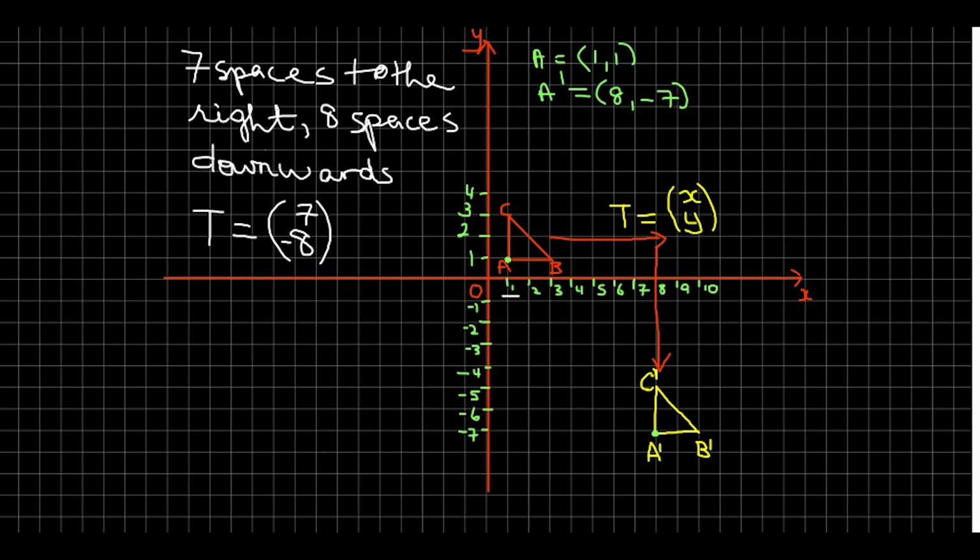Now, how am I going to even do that? You're probably looking at it and saying, oh, this is a translation vector, but these guys are coordinates. Anytime you have coordinates, you can represent a coordinate as a vector. True or false? Anytime you have the coordinates of a point, you can represent it as a vector. Is that true or is that false?